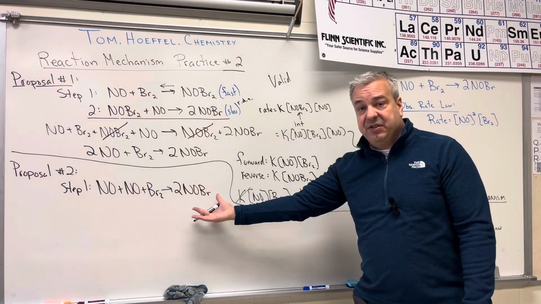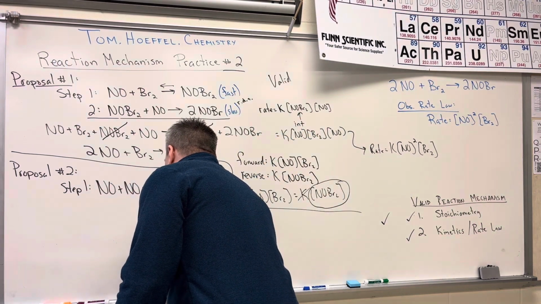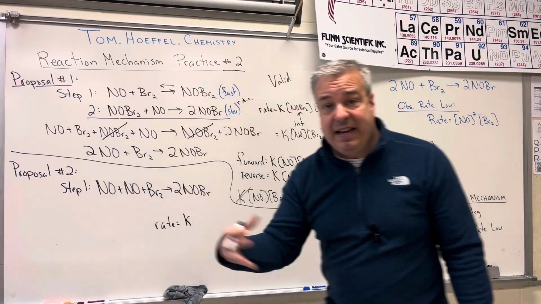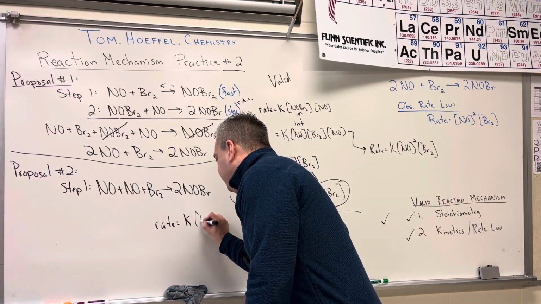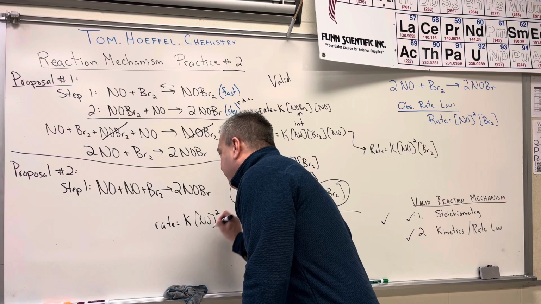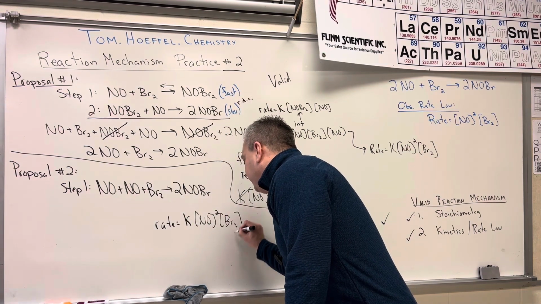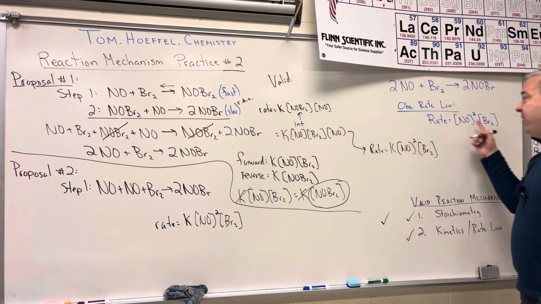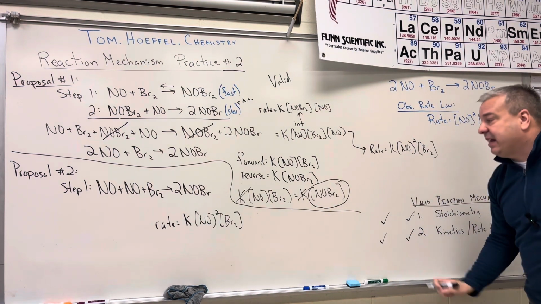Now, if it's a single step, this is also going to be the rate determining step. So its kinetics is just K times the reactants. And NO times NO is going to be NO to the second power times Br2. And if you see here, it too also matches the observed rate law, so it passes the kinetics test.